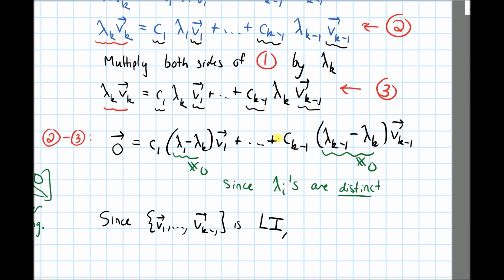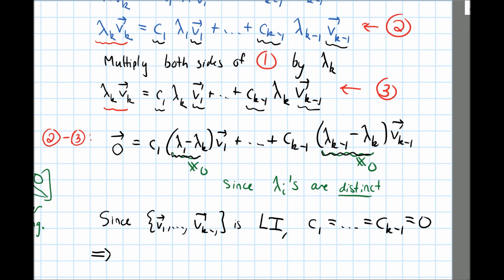That means the only solution is supposed to be the trivial solution. So because these terms that I've underlined are not 0, since the eigenvalues are distinct, the only way to make the solution the trivial solution is if we make all the c terms equal 0. So at this point, we can say that c1 up until ck minus 1, all of those have to be 0, because that's the only way we're going to make this the trivial solution.